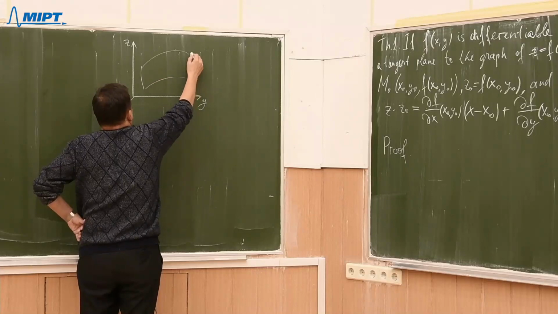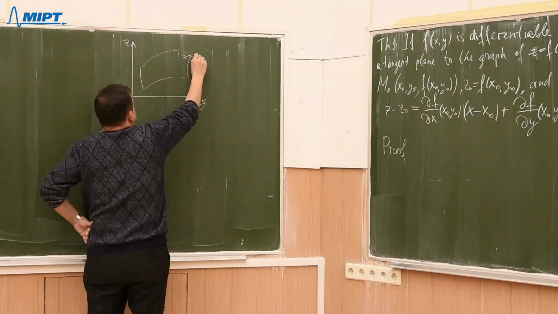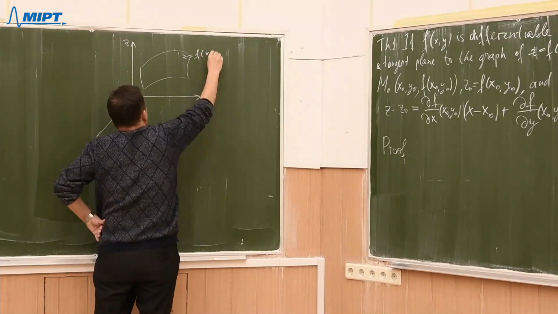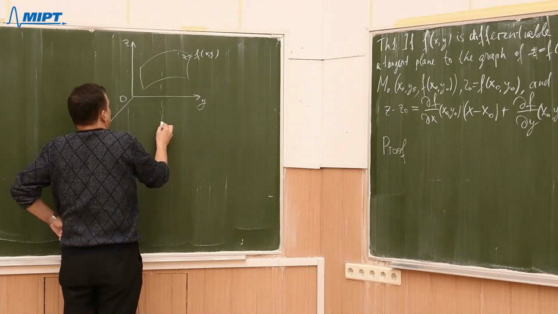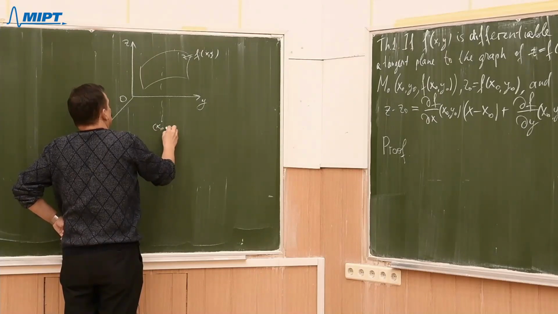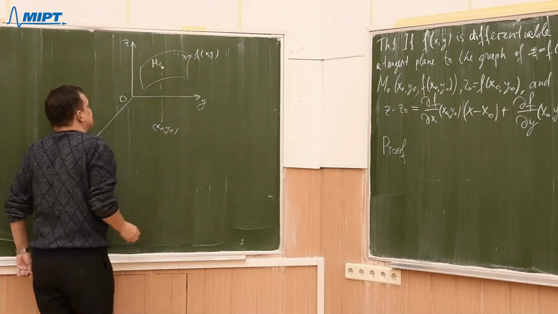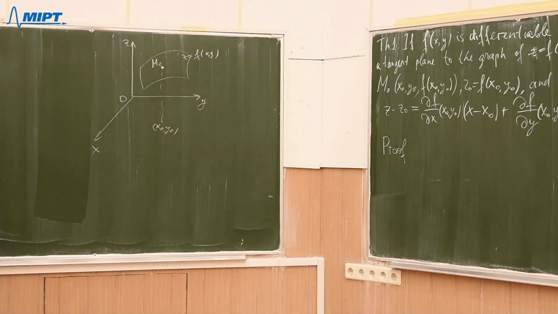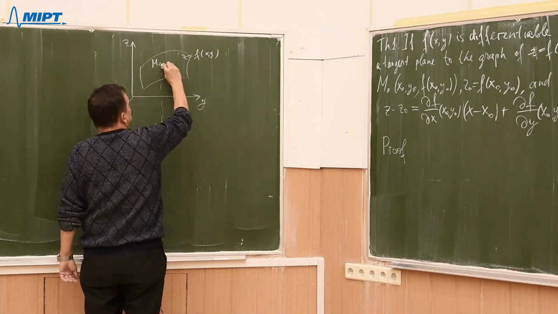So we consider the graph of our function. So here is x naught, y naught, that is our point M naught, and one of the possible understandings was as follows.